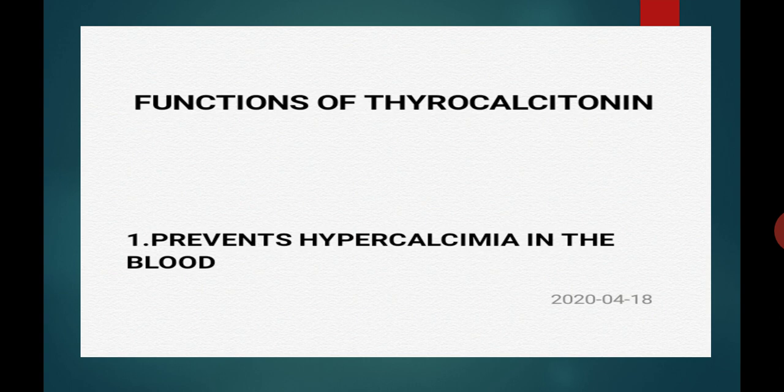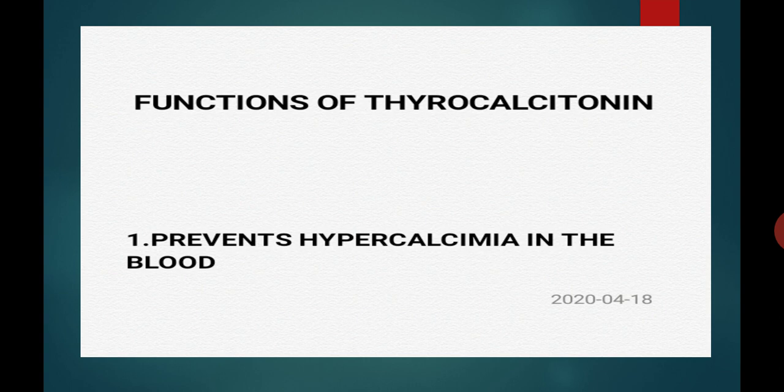What are the functions of thyrocalcitonin? Thyrocalcitonin prevents hypercalcemia in the blood. See the meaning of the word hypercalcemia. Hyper means more, calcemia means calcium. So it prevents hypercalcemia in the blood. How does it prevent hypercalcemia in the blood?